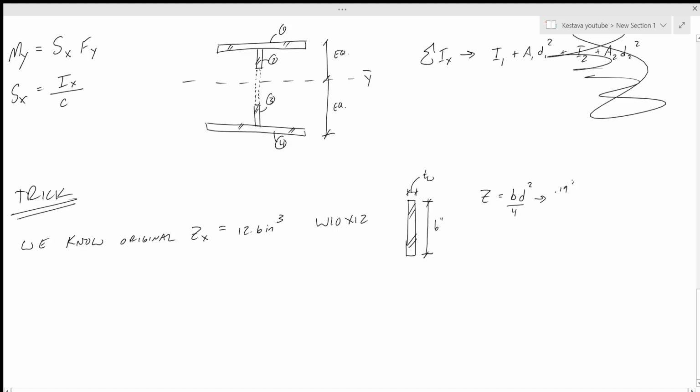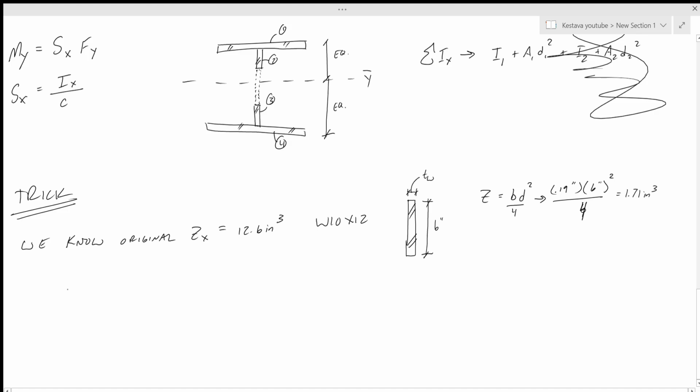Thickness of web is 0.19 inches times D, which is 6 inches, squared, over 4, which equals 1.71 inches cubed. So that is the plastic section modulus of the section that was lost, the part that they took out.